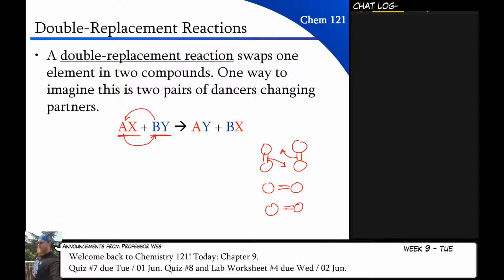And in the reaction, that's exactly what happens: I'm just trading A and B, and X and Y remain stationary. And so I'll just fill in the letters here so that you can see how that worked out. There you go.